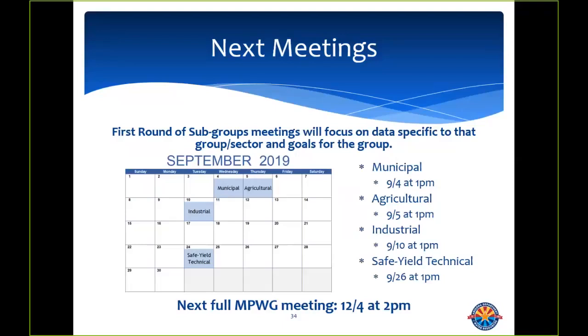There's some small differences between AMAs, but for the most part, the conservation programs are the same across the AMAs. So each municipal, to use it again as an example, each management plan in each AMA has two municipal programs, one non-per capita type program and one GPCD program. So yes, there's some slight differences between those programs, but it's easier from an administrative perspective, and it's easier from a development perspective to develop those things together and then maybe slightly tweak them depending on the particularities of that AMA.